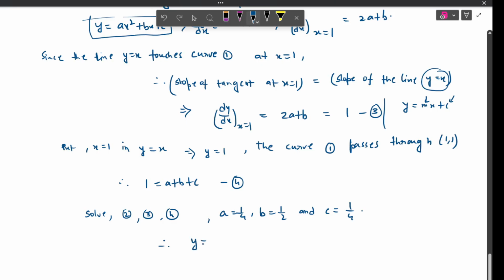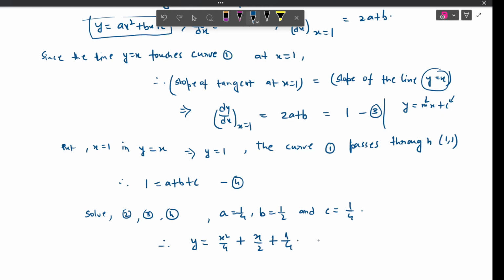Equation should be y equals to ax square, a is 1 by 4, so x square by 4, plus b is half, so it should be x by 2, plus c is 1 by 4. This is the quadratic equation that is asked in the question, right?